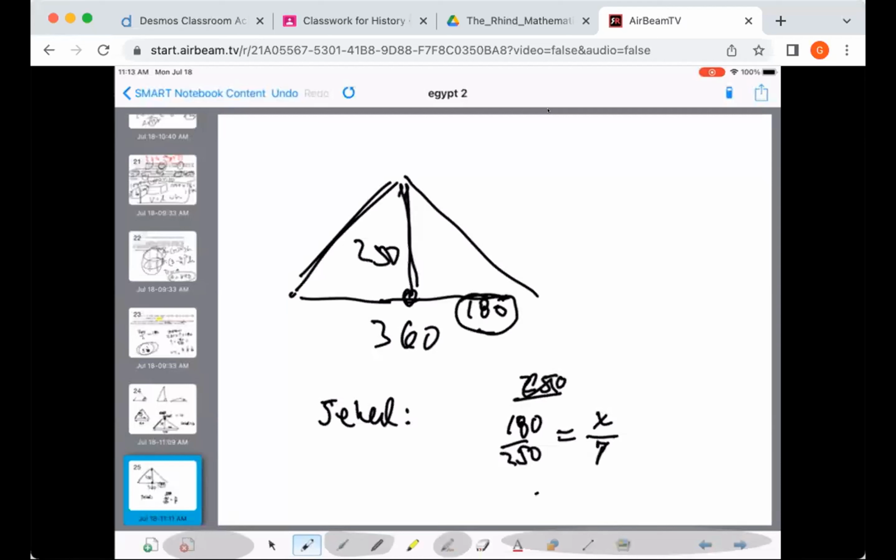And you'll end up with 5 and 1/25. Did they have any concept of trigonometry? Well, let's see how they are thinking of this.